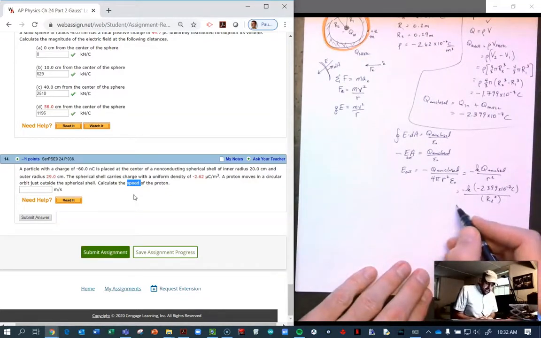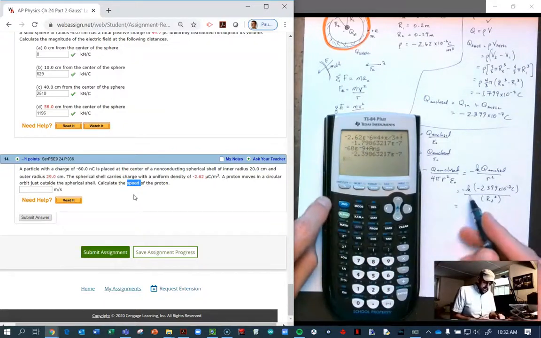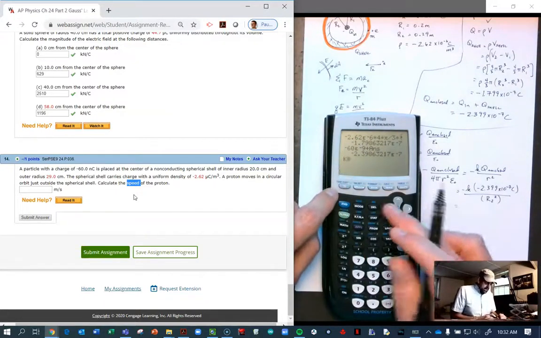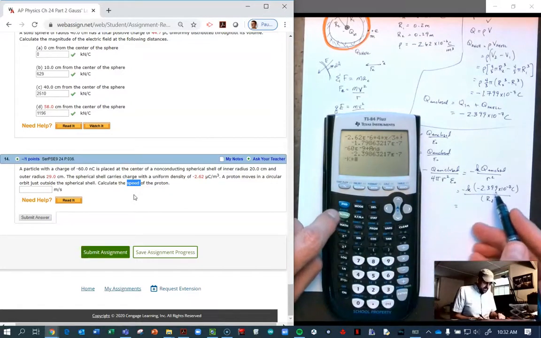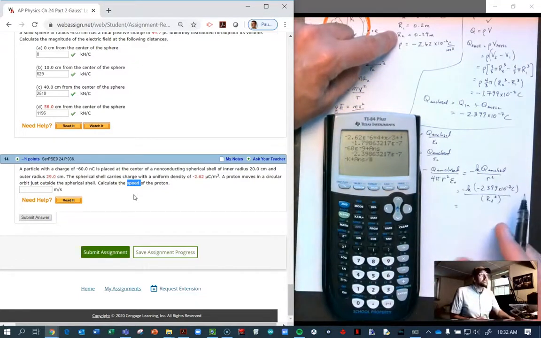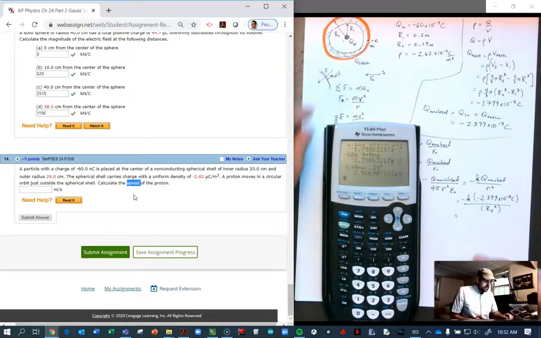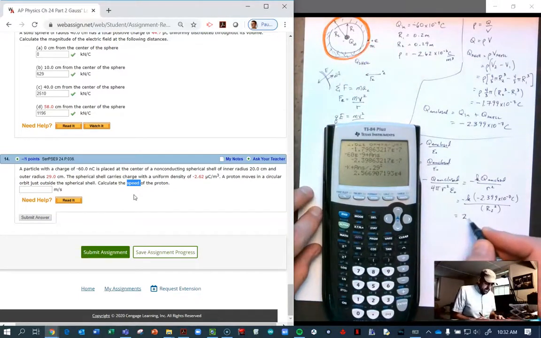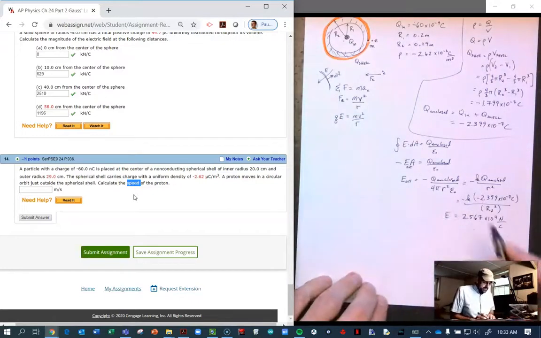Alright, and so when you do that calculation, we're going to take K, which I have built in, and it's a minus K, I should put minus K, times the previous answer, divided by R2 squared. And we get 2.567 times 10 to the 4th newtons per coulomb. So that is our electric field.